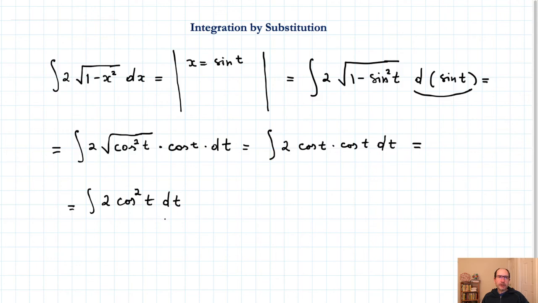We did achieve some simplification of our integral because our original integral contained the square root, and after the substitution the square root went away. So we got rid of the square root. However, we paid a price for the simplification. Now we have trigonometric functions in our integral, and on top of that, cosine of t is squared.